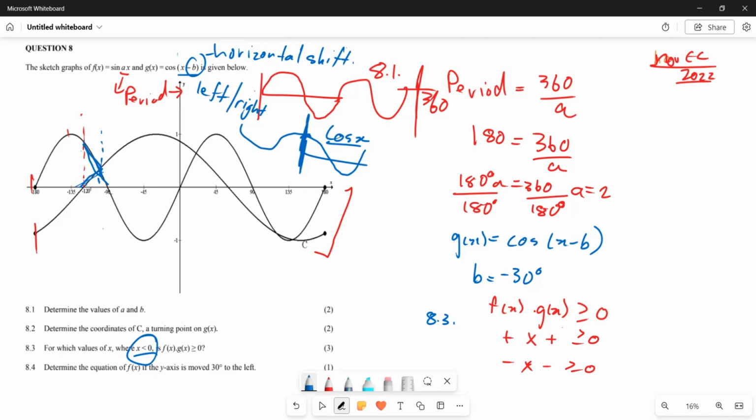So we are going to conclude that this is where x is between negative 120 degrees and negative 90 degrees. That's where both of these graphs are less than 0, and when you multiply, the product is greater than 0. Can you see that both of these graphs are above the x-axis? Are we together?